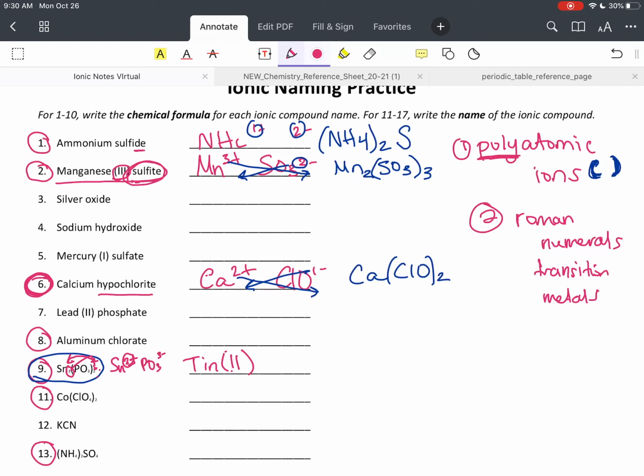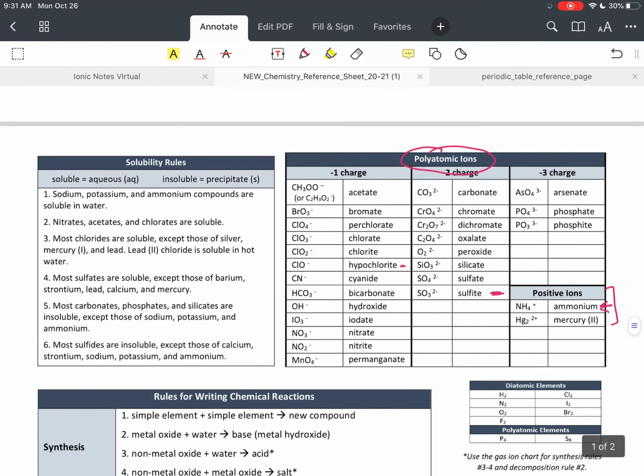And then what is PO3? Well, it's not phosphorus oxygen, which I saw on some of the homework or the notes answers. It's a polyatomic because it's more than just one thing. So I'm going to look at my reference sheet. I'm looking for PO3. Here it is.